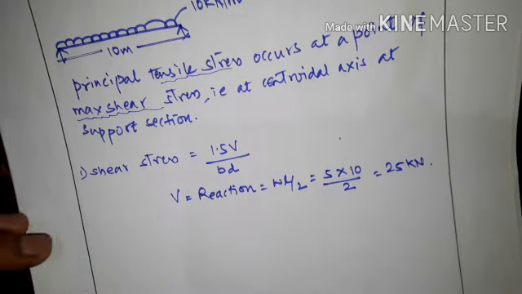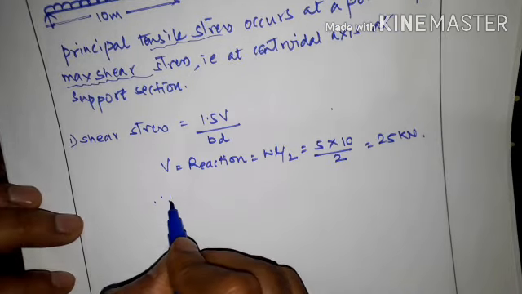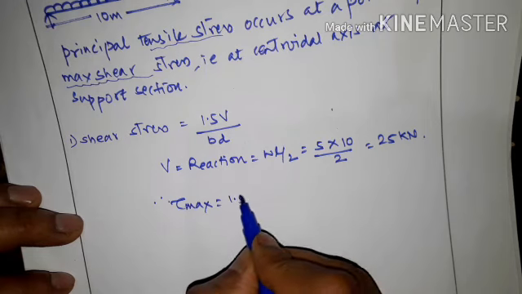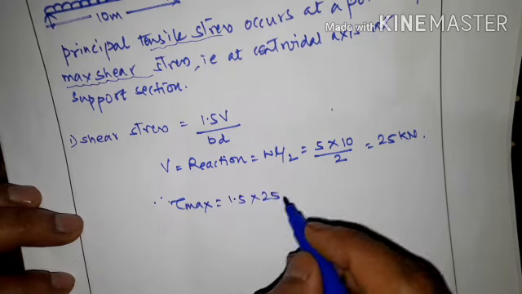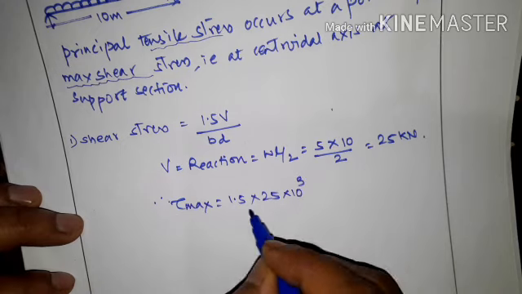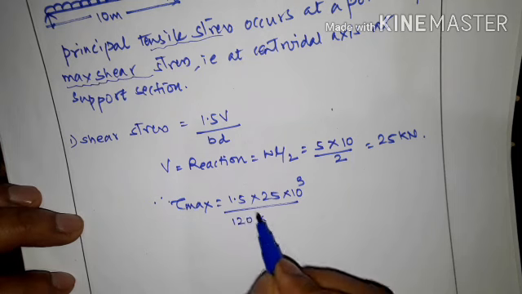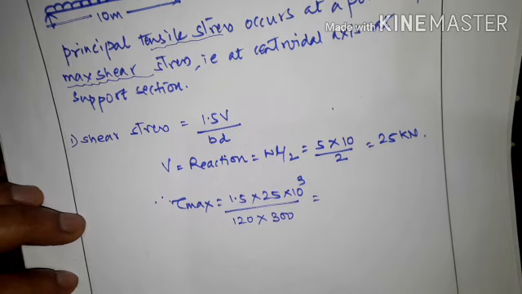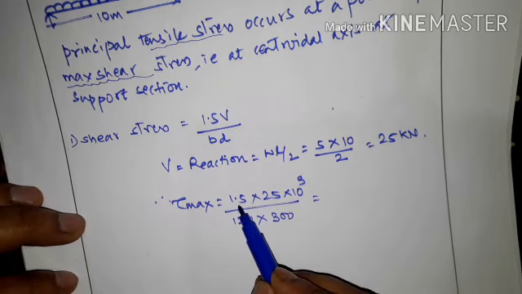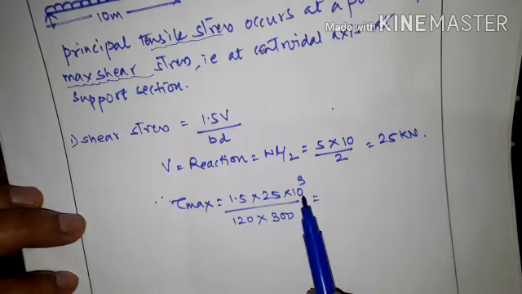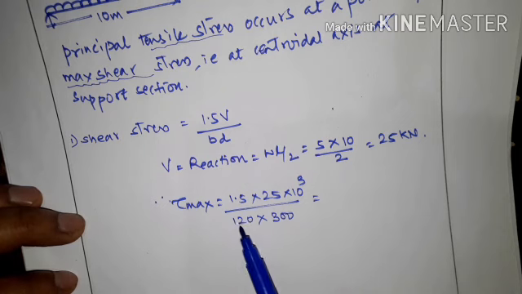Therefore tau max is equal to 1.5 times V, where V is 25 into 10 to the power 3 to make it Newton, divided by B times D. B is the width of the section, 120, and the depth of the section is 300.